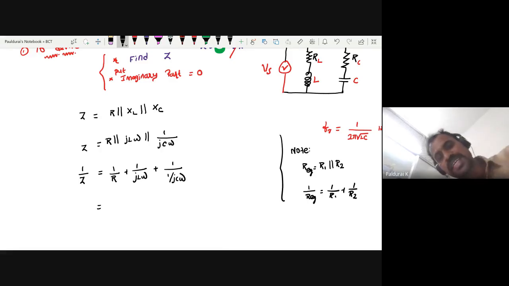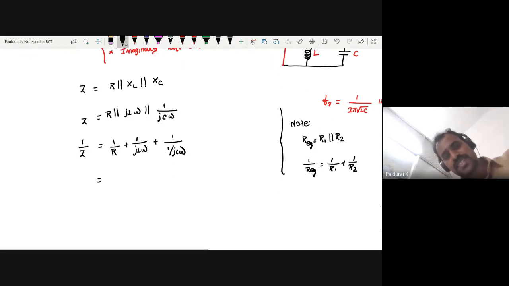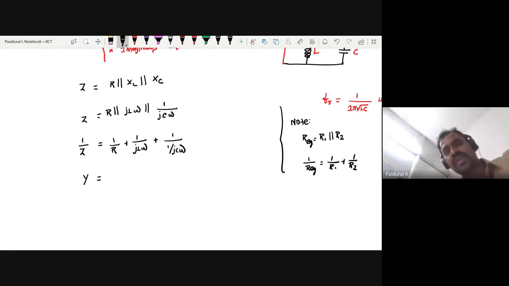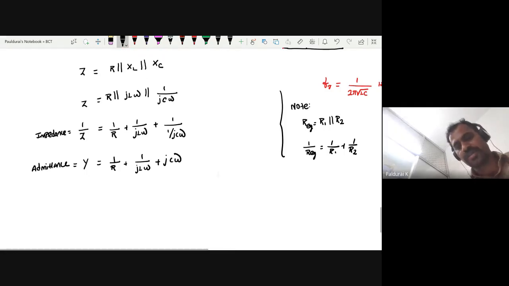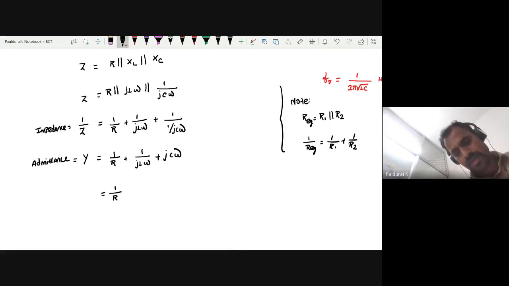What is 1 by Z? It is nothing but Y, the admittance. The reciprocal of impedance is admittance. So it is 1 by R plus 1 divided by j L omega plus j C omega.